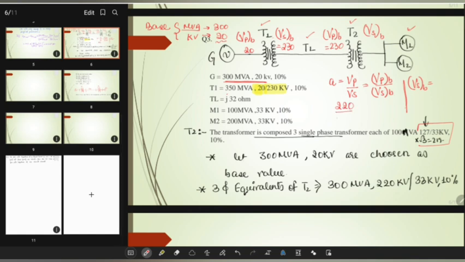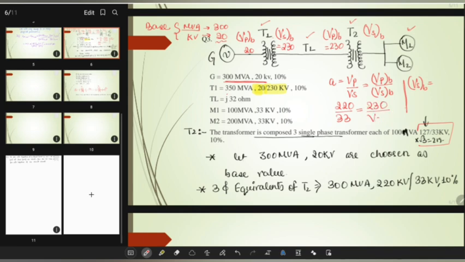Okay, and Vs is 33 is equal to Vp base. What is Vp base? 230, right? So Vp base is 230.